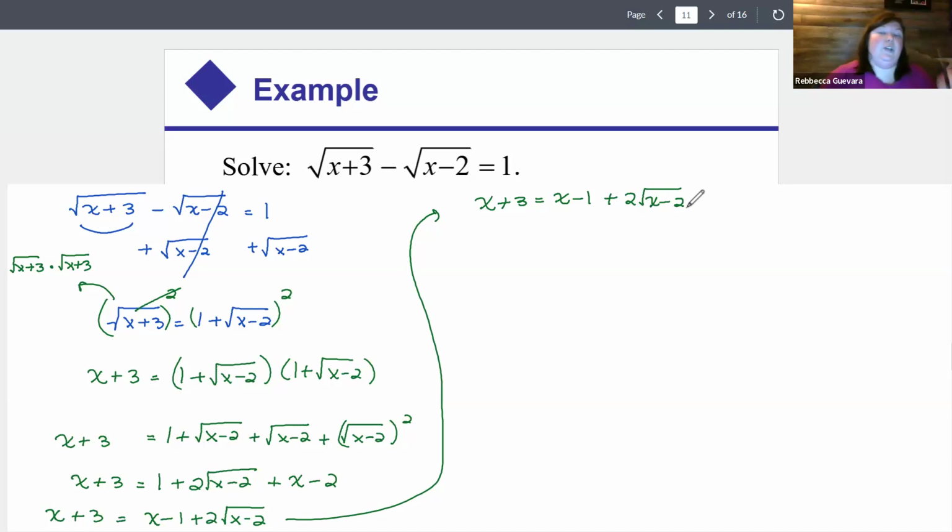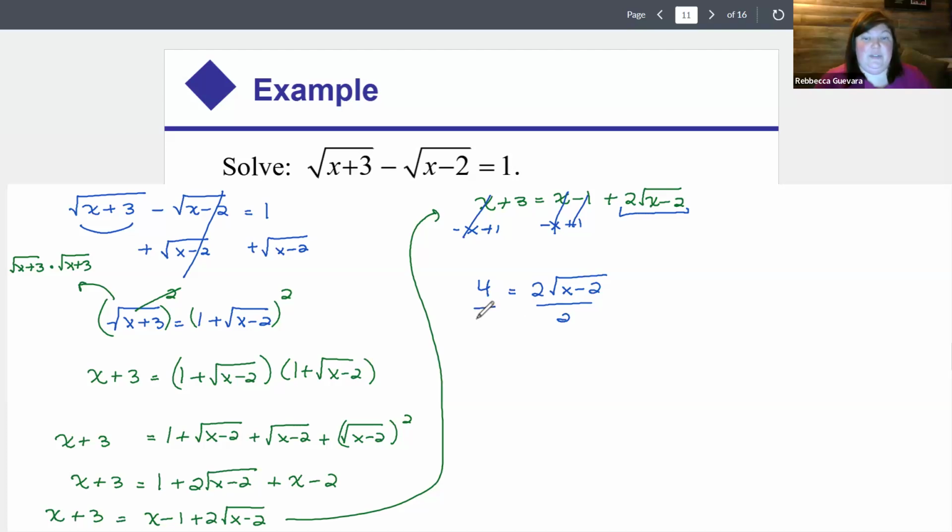All right, so for here, we're going to isolate the other square root. We need to isolate this one. If I subtract x from both sides and I add 1 to both sides, the x cancels out and I'm left with 4 equals 2 times the square root of x minus 2.